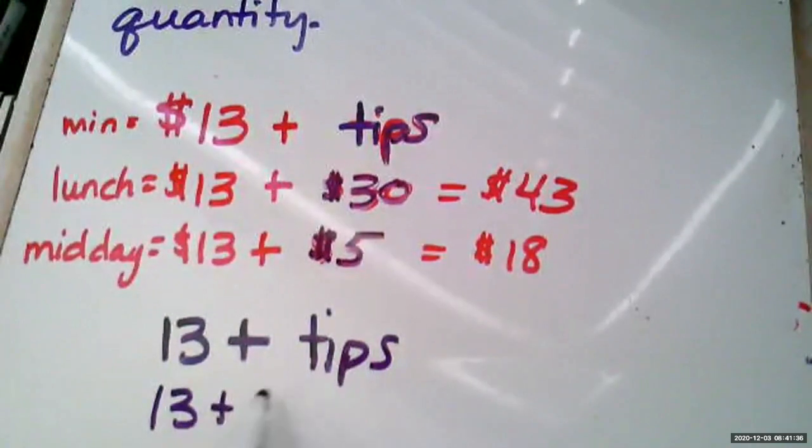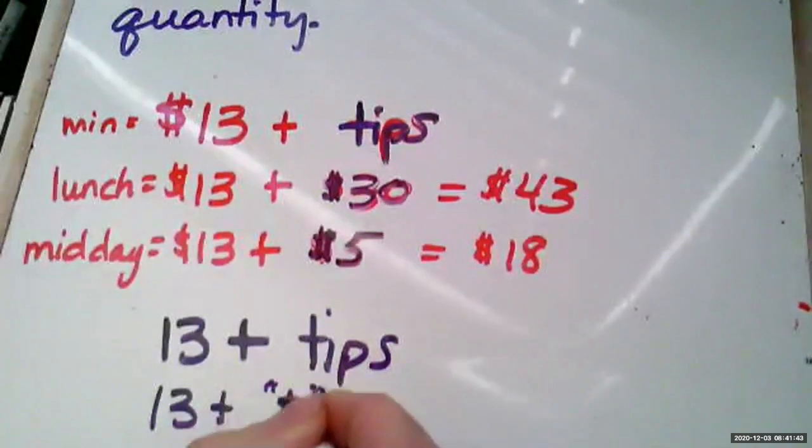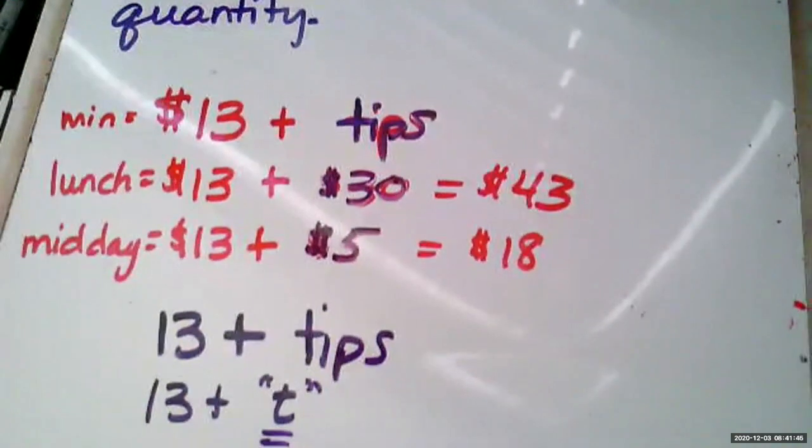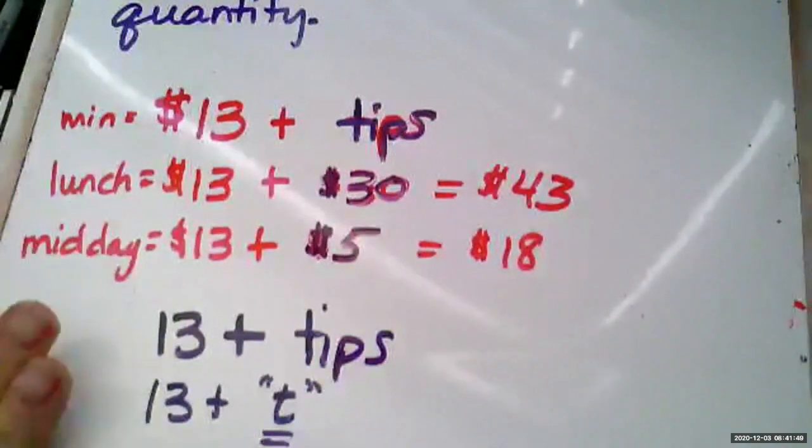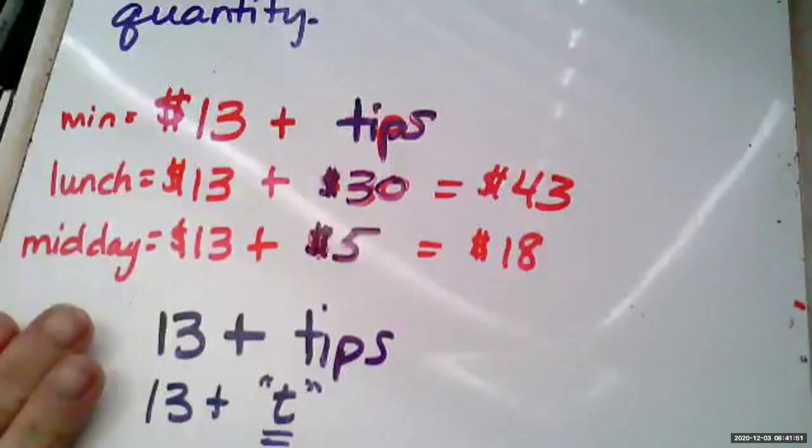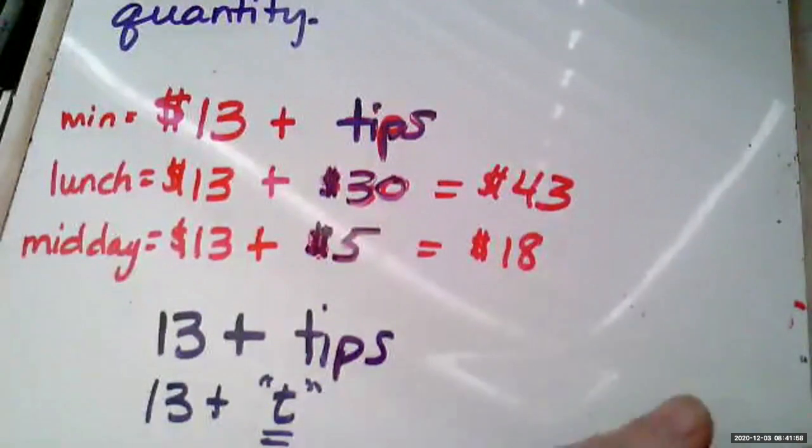So we're going to say 13 plus the letter T for tips. So this T is the variable. That means it changes based on the situation. So this is why we use letters to represent numbers sometimes. I'll give you a couple more scenarios.